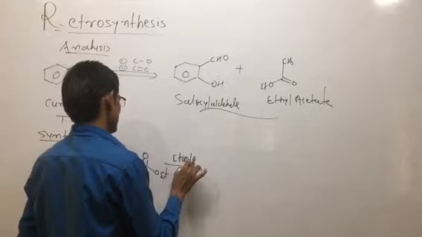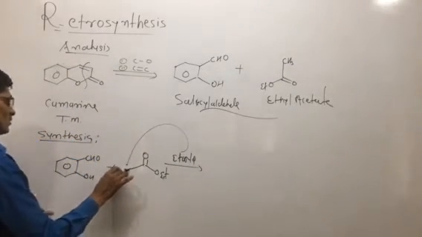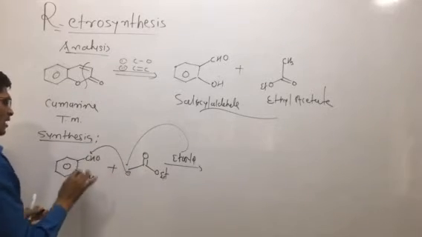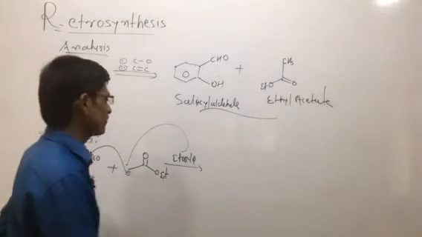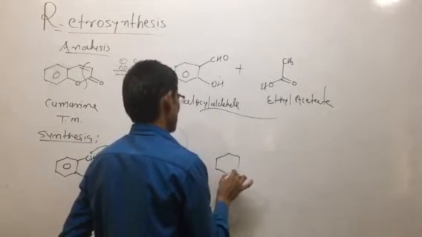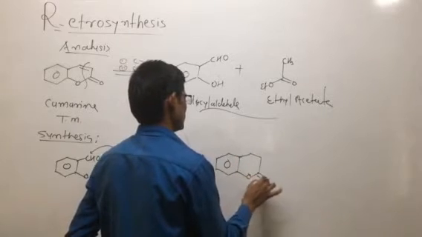The base takes a proton from the CH3 group, and it becomes a carbanion and attacks the carbonyl carbon. After loss of a water molecule, the target molecule is formed. That is hydroxycoumarin, or simply the coumarin molecule.